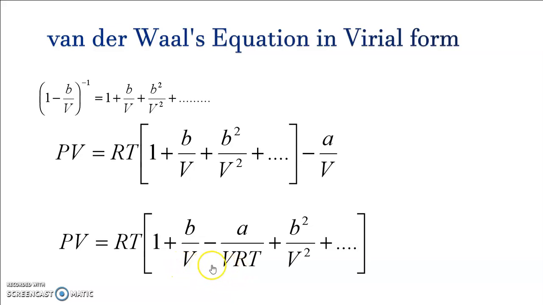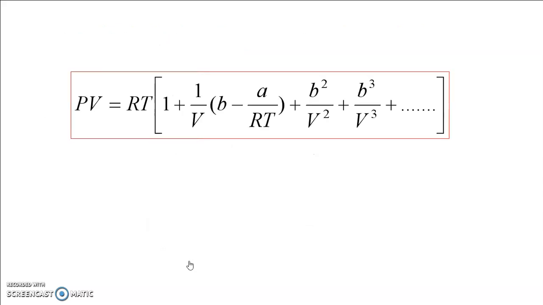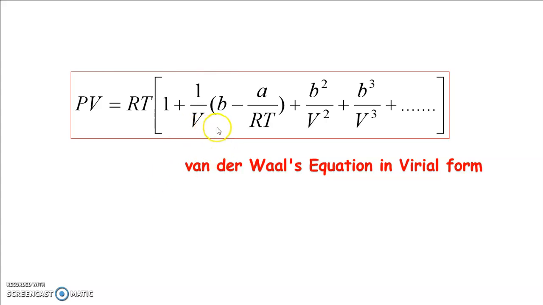You see, for these terms, the V is common, so we can take the 1 by V outside and the equation becomes PV equal to RT into 1 plus 1 by V into b minus a by RT plus 1 by V square into b square plus 1 by V cube into b cube plus etc. This is the van der Waals equation in Virial form.